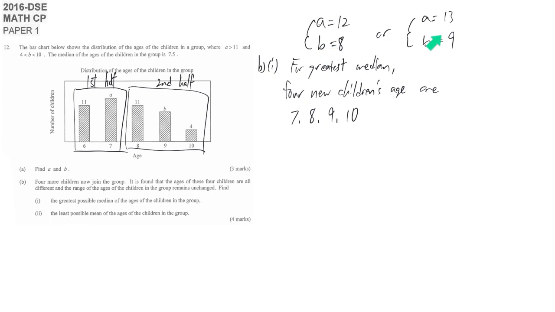We have two cases, so we have to think independently, case by case. Case 1, we assume that A is equal to 12 and B is equal to 8. In this situation, for the new median, the original is in the middle. Now we have 3 more in the second half, so it should be 8 now.